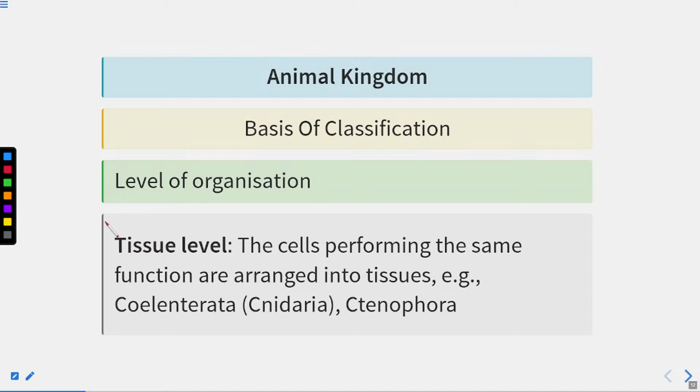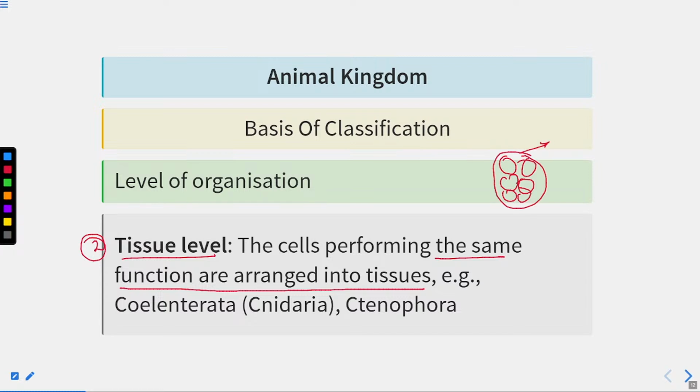Next is the tissue level. Now the cells performing the same function are arranged into tissue. A number of cells unite together, and these cells have the same structure and the same origin. So they form tissue, and these tissues perform the same function.